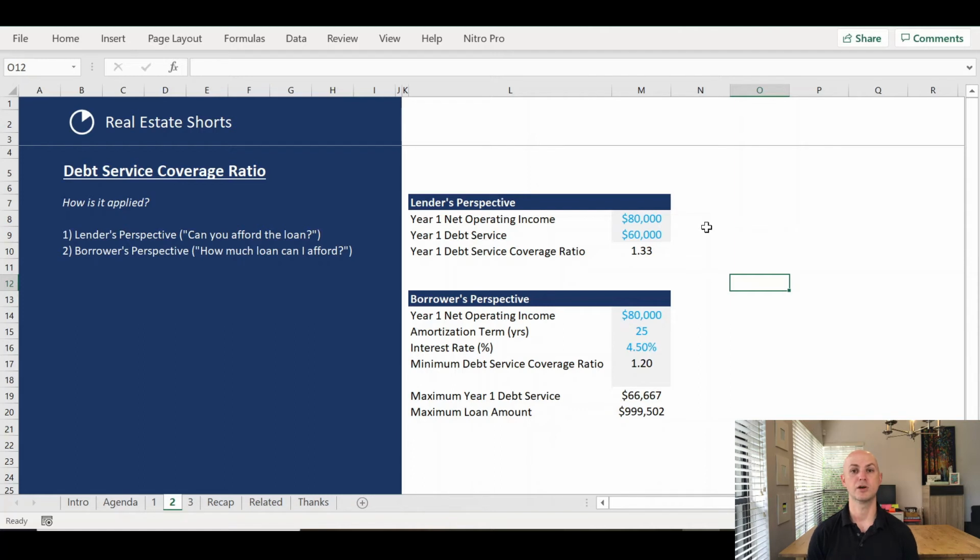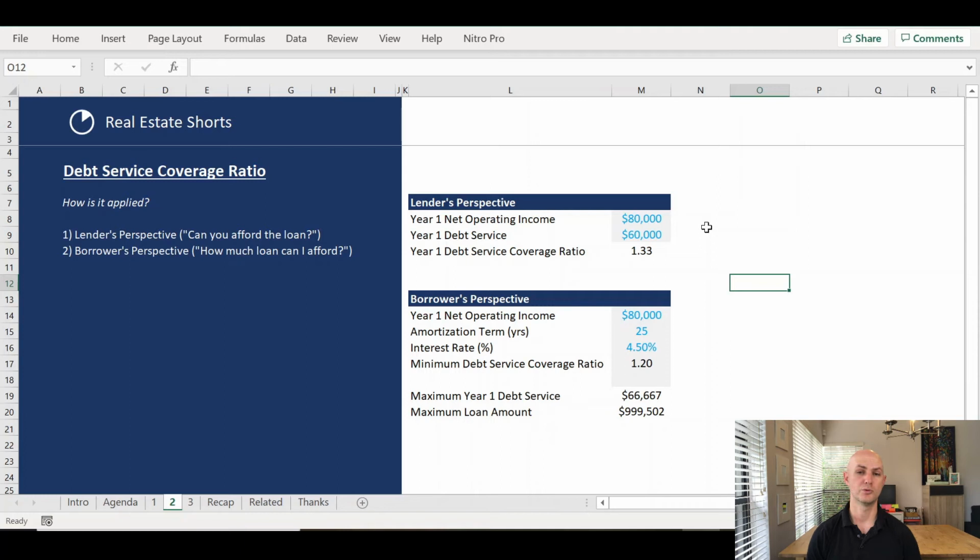What happens if the market fundamentals begin to deteriorate? What happens if operating expenses increase and net operating income declines? They need to make sure that there's a buffer or a cushion or a safety net, so that as income potentially declines, there's still enough there to satisfy the loan payments. So that's from the lender's perspective.